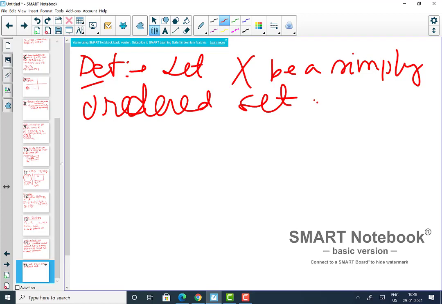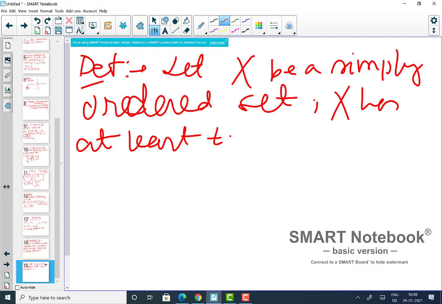And I'm also assuming that X has at least two elements. Then I will define a basis, and the topology generated by that is called the order topology.